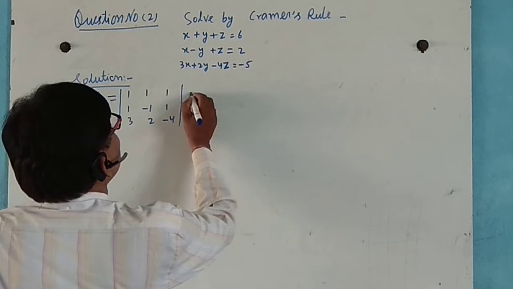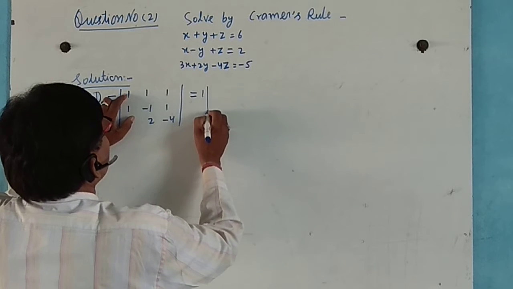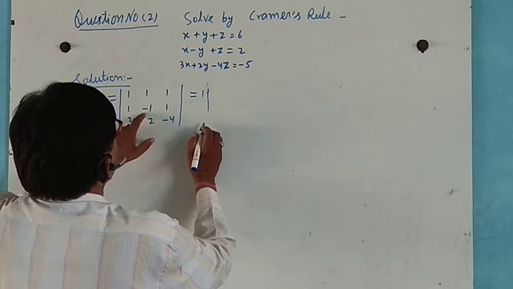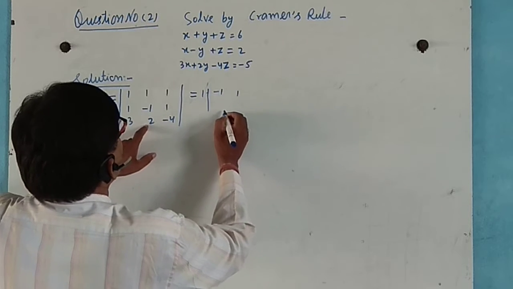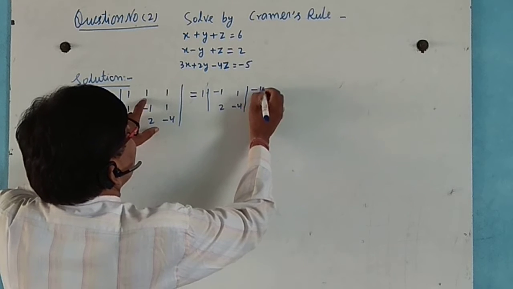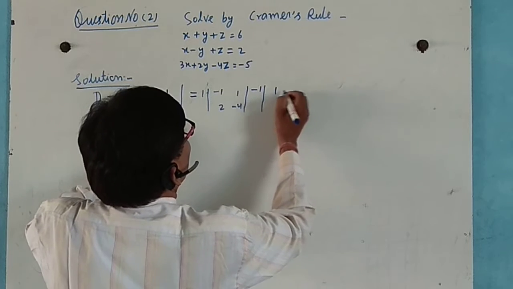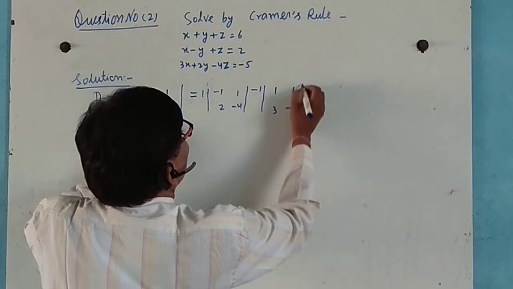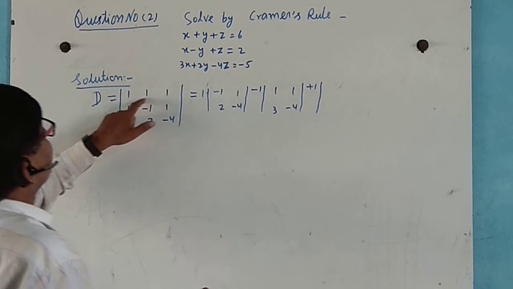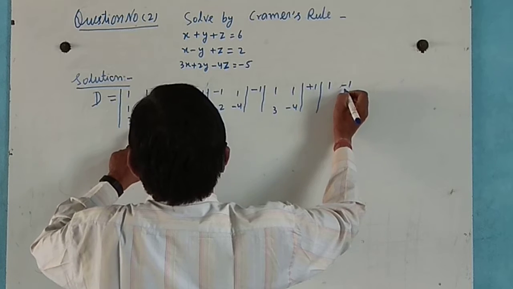Now if you calculate directly, take 1, deleting its row and column, leaving the minor minus 1, 1, 2, minus 4, plus minus 1 deleting its row and column, leaving 1, 1, 3, minus 4, plus 1 deleting its row and column, leaving 1, minus 1, 3, 2.